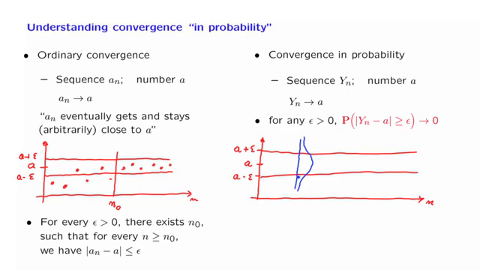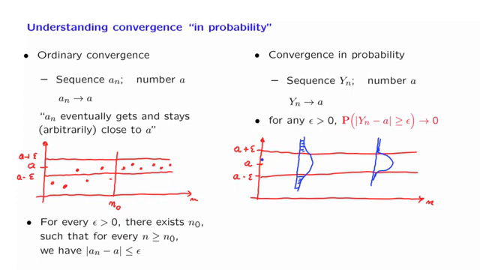So there is a certain probability that it falls outside this band, but when n becomes large, this probability of falling outside this band becomes very small. So the probability of falling outside the band becomes tiny, so the bulk of the distribution, that is most of the probability, is concentrated inside this band.